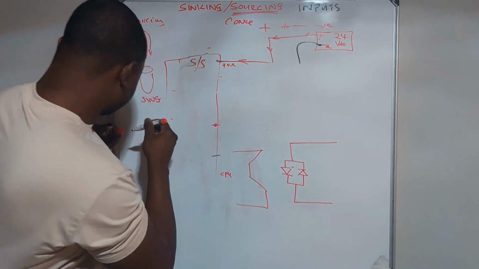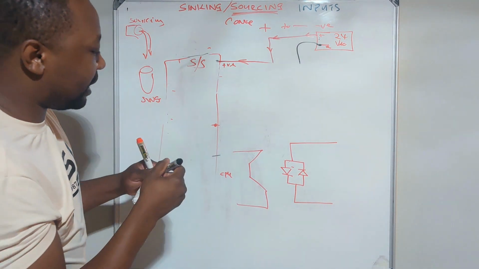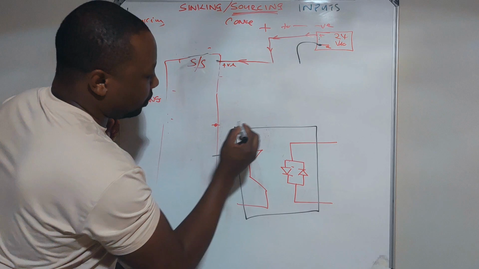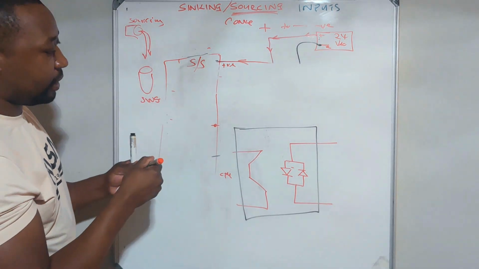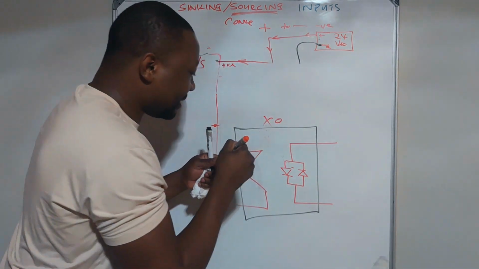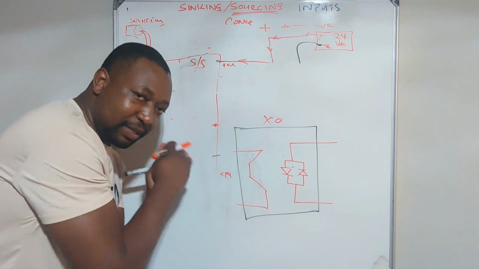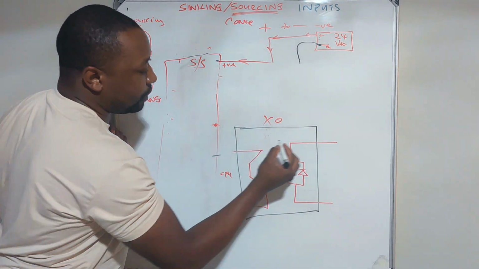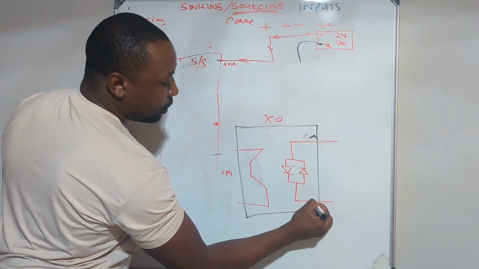So this is one opto-isolator for a single input. Maybe this is for the input X0. This is inside the PLC on the PCB board. So this is your common, and this is your IO, let's say X0.